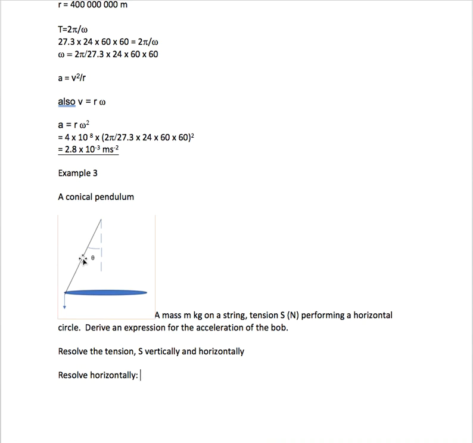So you're resolving this force going in this direction horizontally, so you're rotating away from the angle here, and so you're going to have S sine theta.